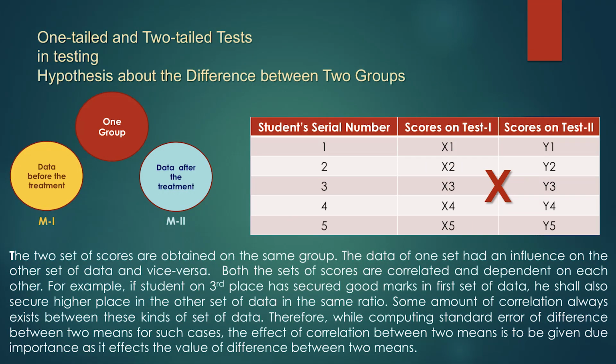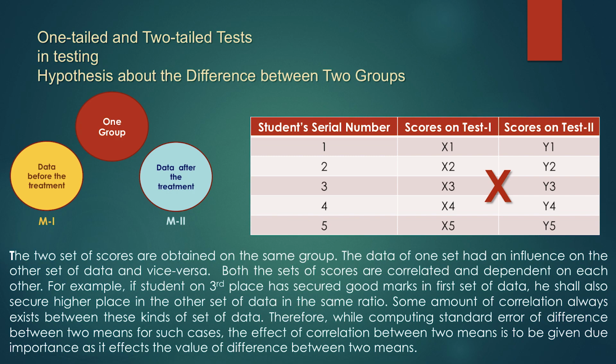Contrary to this, the two sets of scores in case of Pooja were obtained on the same group. The data of one set had an influence on the other set of data and vice versa. Both sets of scores were correlated and dependent on each other.